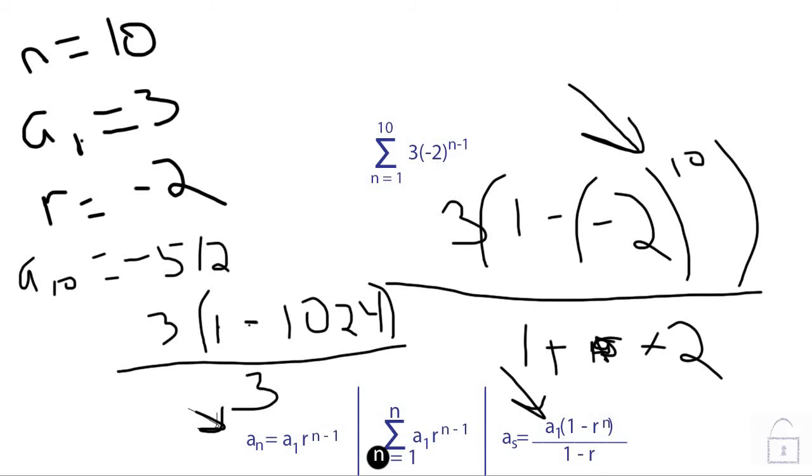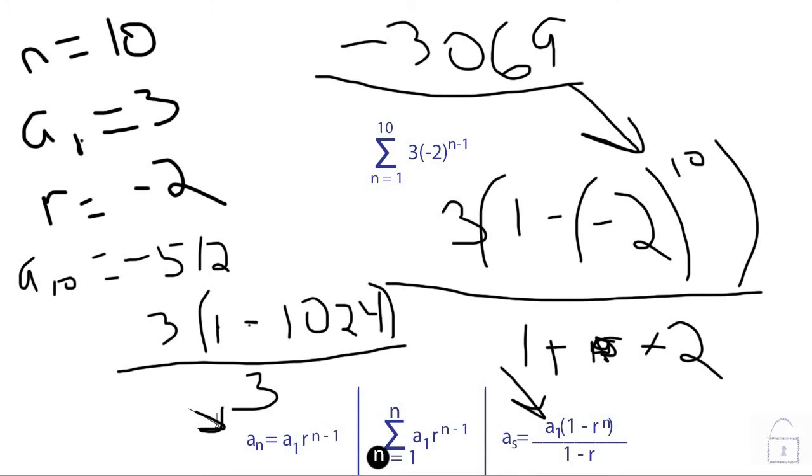Now 1 minus 1024 is -1023. Multiplying that by 3, we get -3069 all over 3. Let me clean this up a little bit.